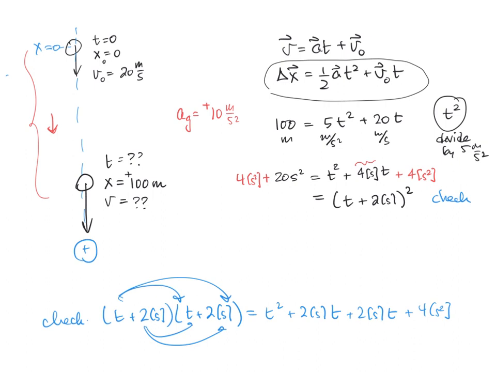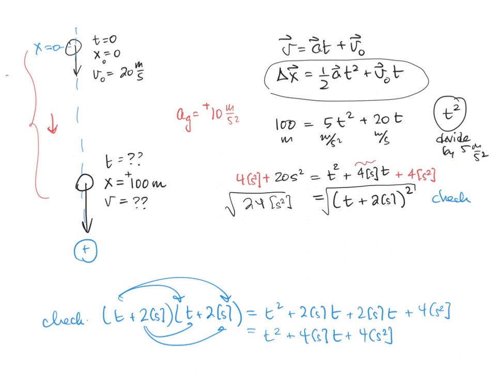Okay, and these units work out. So that's all fine. And then on the left-hand side, I've got 24 seconds squared, and I want to square root both sides.